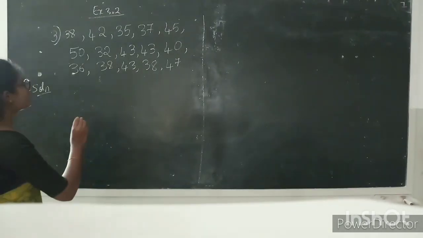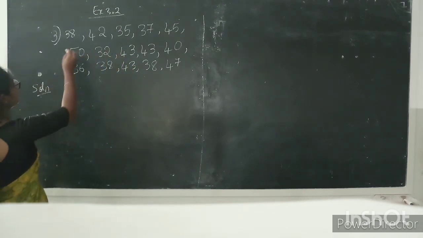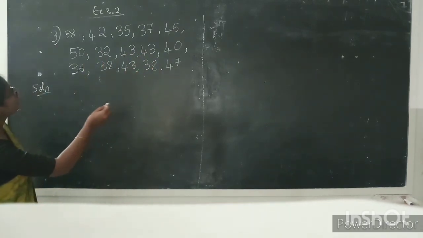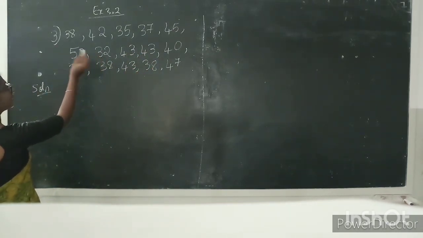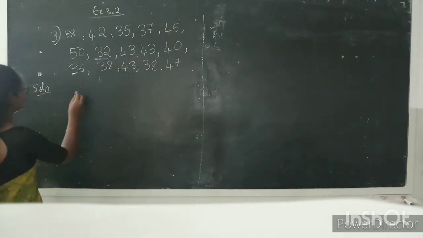Which is the lowest number in this data? It is varying from 32 to 50 here. There is no number less than 32, so we start with 32.